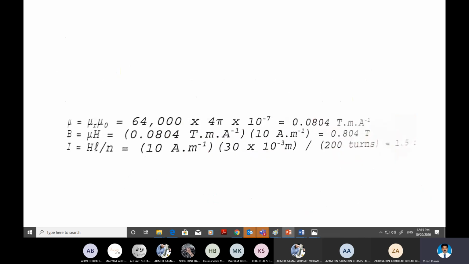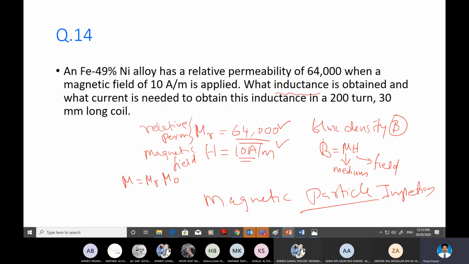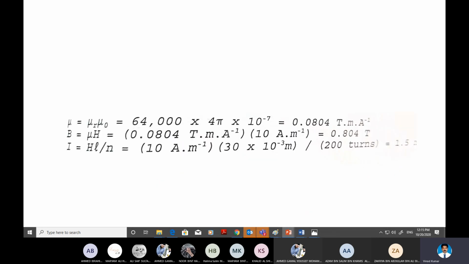We studied these equations before: mu naught is 4 pi into 10 raised to minus 7. Mu r, the relative permeability given in the question, is 64,000, multiplied by mu naught, which is the permeability of vacuum and is constant, 4 pi times 10 to the power minus 7.